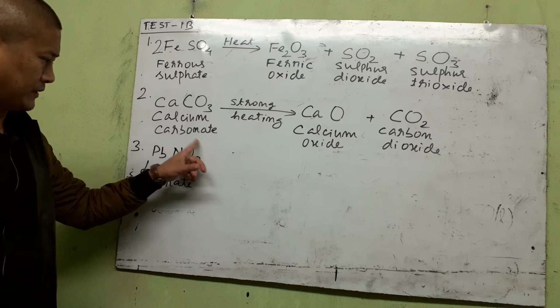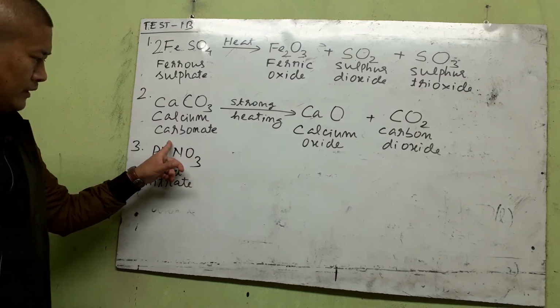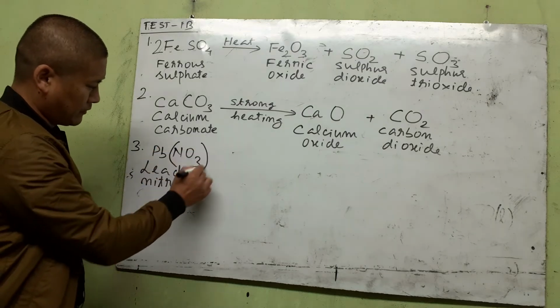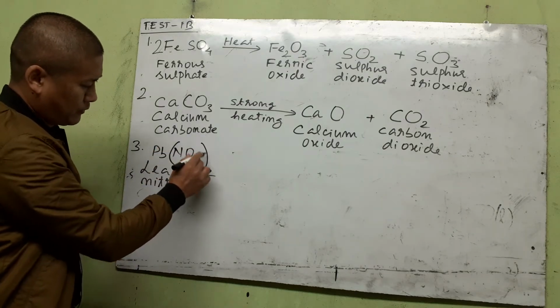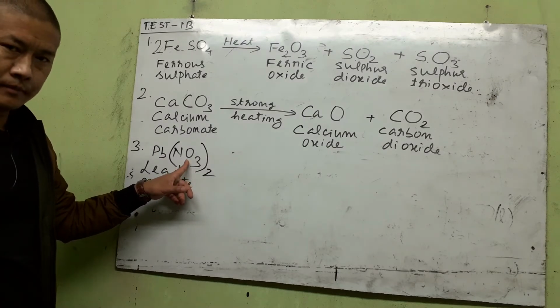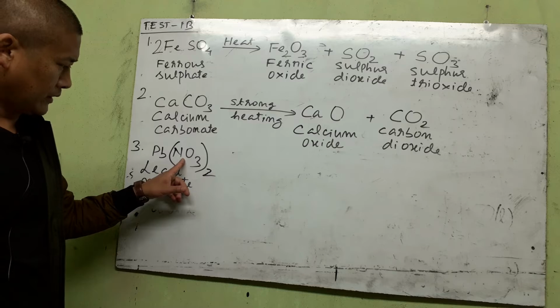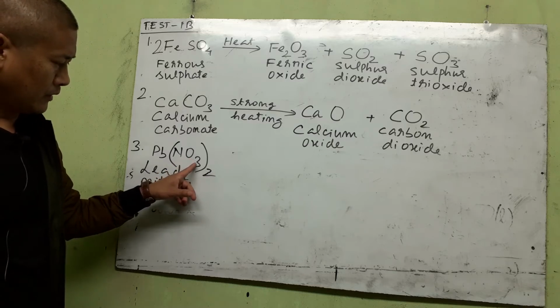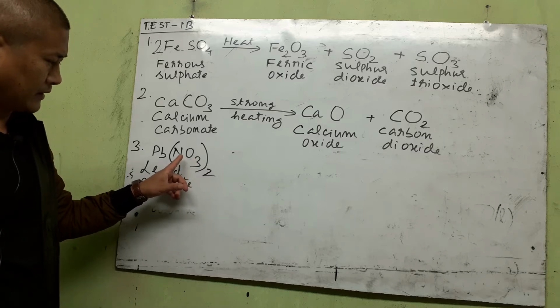Here 1 valency, here 2, so they can't cancel. So while bringing down this 2 at the top of Pb to the lower back of NO3, we must put a bracket because nitrate ion clearly is a compound ion. By that we mean this ion contains more than 1 atom. See here, 1 nitrogen atom, 3 oxygen atoms, so 4 atoms make this nitrate ion.